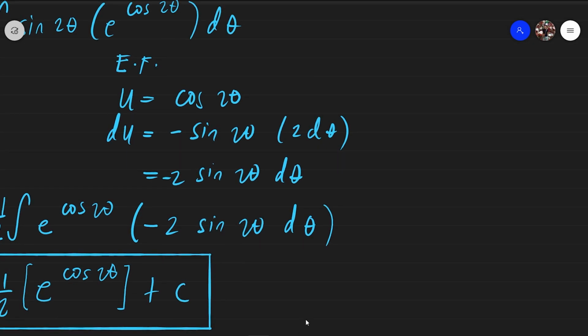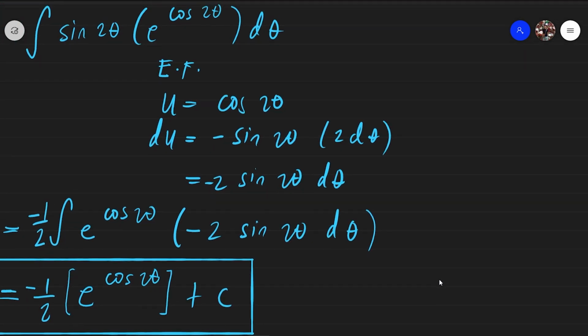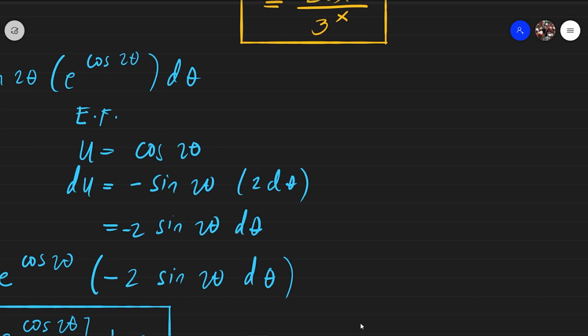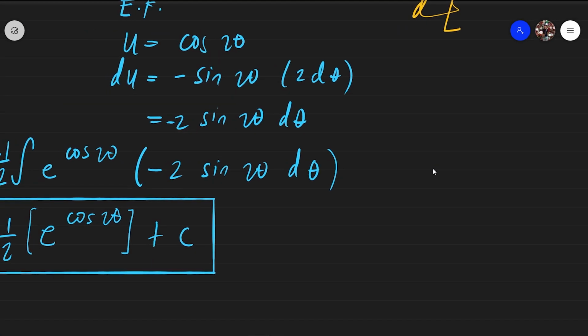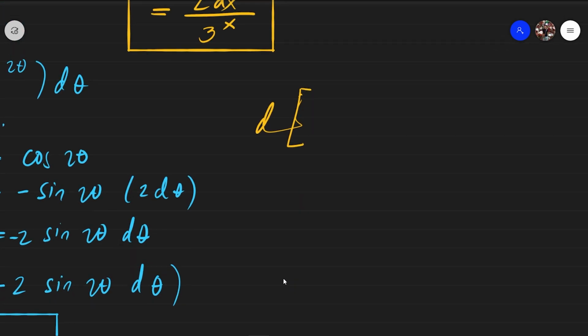Okay, now let us check. We have to differentiate our answer. We have here negative 1 half e raised to cosine 2 theta plus c. So we have to differentiate this quantity.